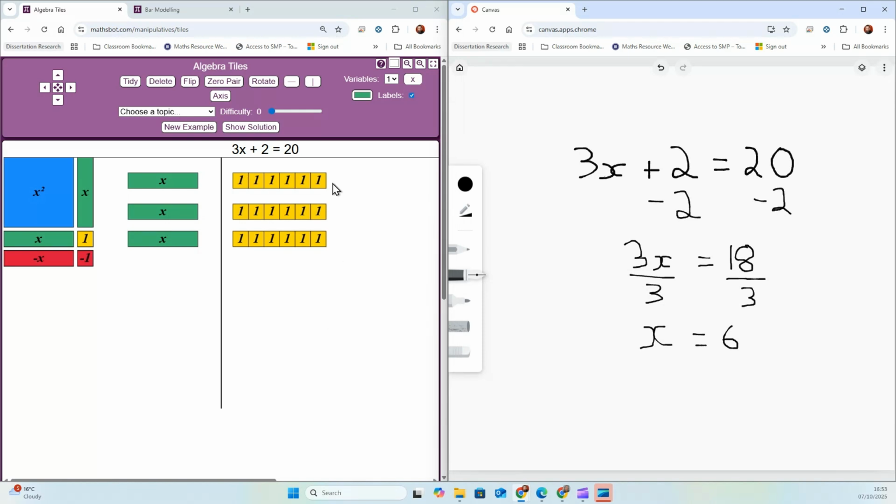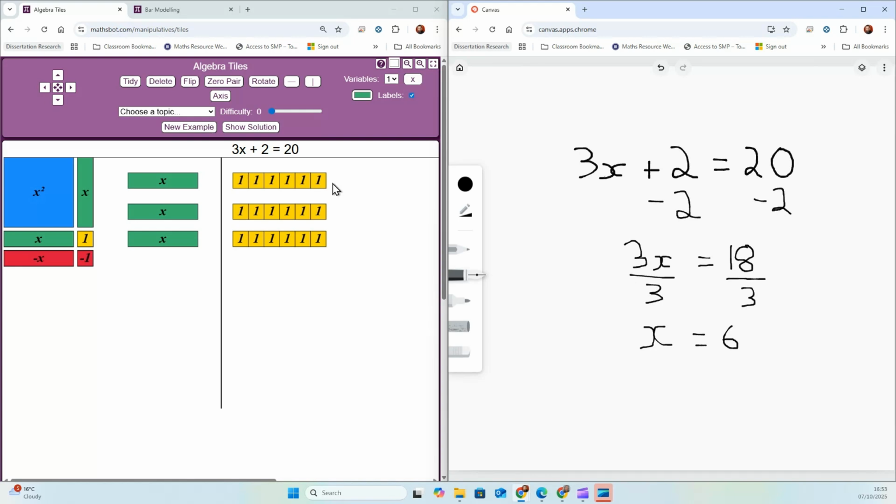The potential slight issue with that is that the equality has to be told. It's not implicit in the model itself. There's no reason why, just by looking at those two separate expressions, the one on the left of the line and the one on the right of the line, that those would necessarily have to be equal.